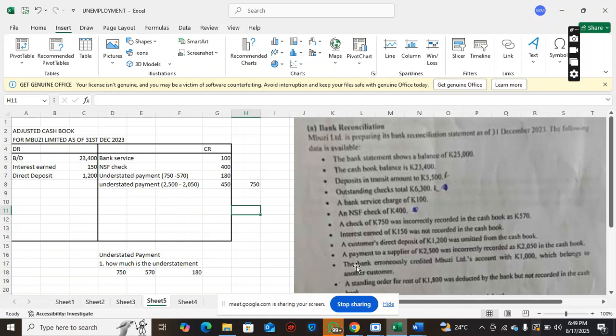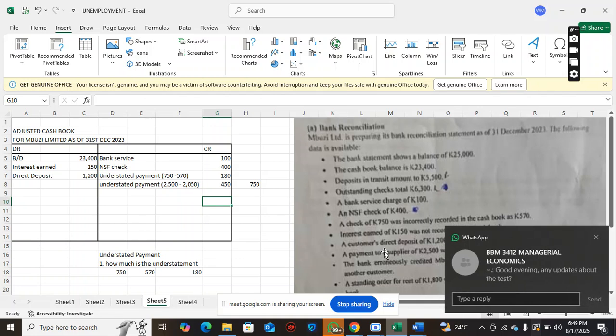It's ambiguous. So where is it going to appear? The question is, where is it going to appear? In the bank's column, or in the cash book?